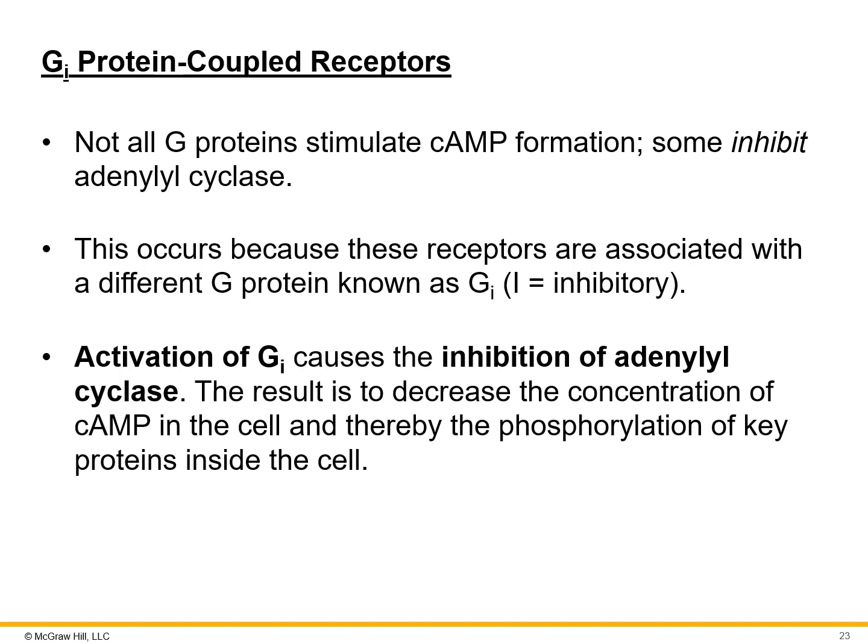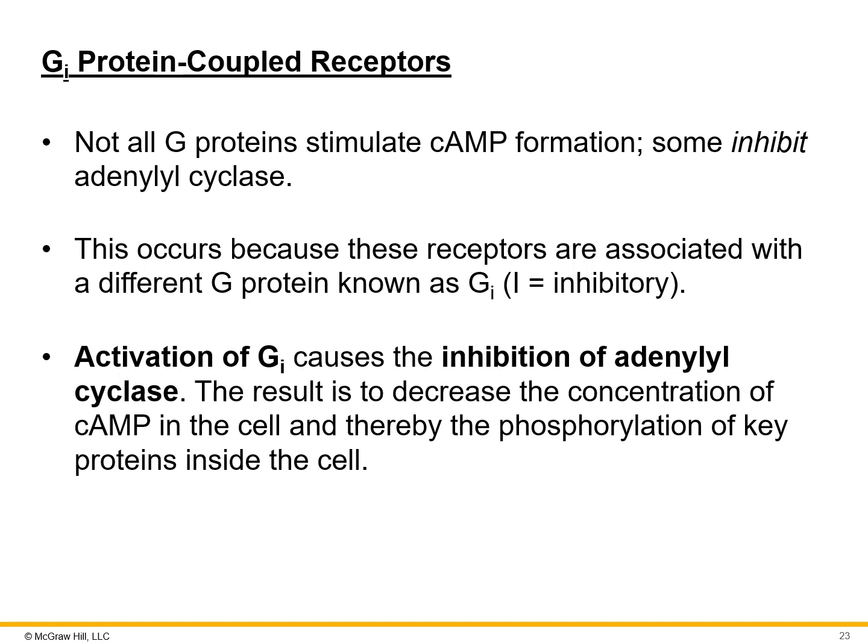Not all G proteins stimulate cAMP formation. Some actually inhibit adenylate cyclase from working. So what we're talking about here is that some G proteins, when we're looking at that purple adenylate cyclase protein in the plasma membrane, sometimes G proteins can actually stimulate them, because these types of receptors are associated with a different G protein known as Gi, which is inhibitory.